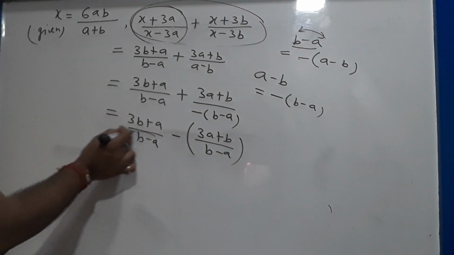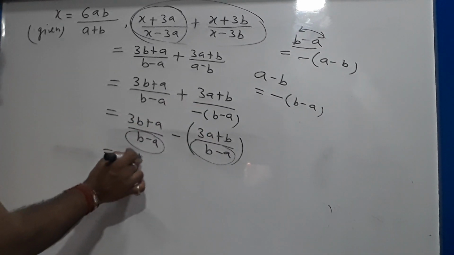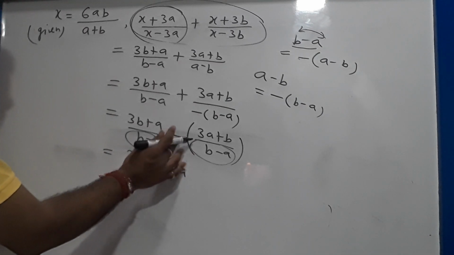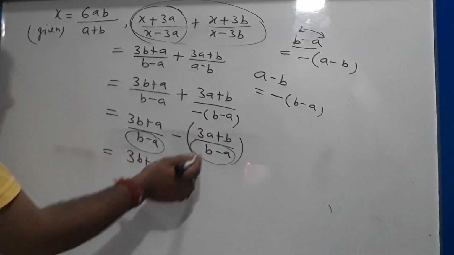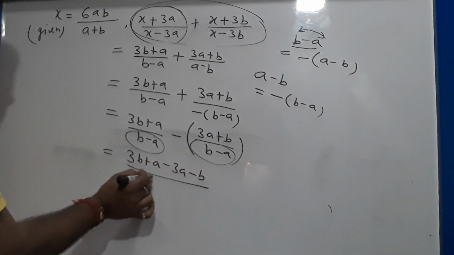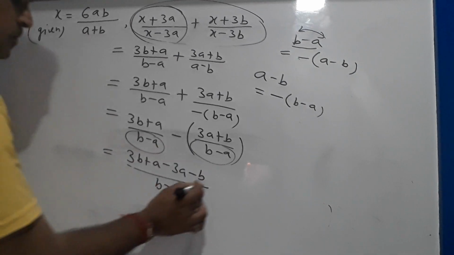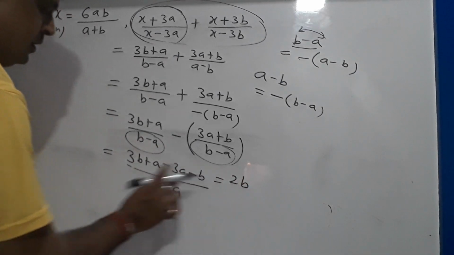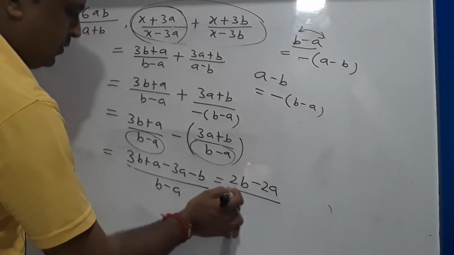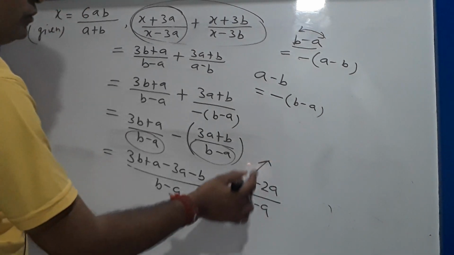Now the denominator is the same, B minus A. So I can simplify the numerator: 3B plus A minus 3A. When outside the bracket we have a minus sign, opening the bracket, the inside signs change. Minus 3A, then plus B becomes minus B, upon B minus A. 3B minus B is 2B, A minus 3A is minus 2A, upon B minus A. What is common? 2B minus 2A, 2 is common.